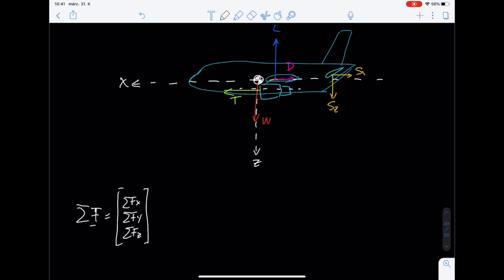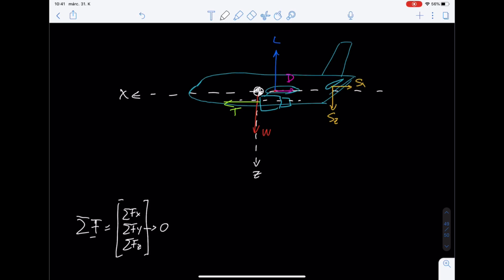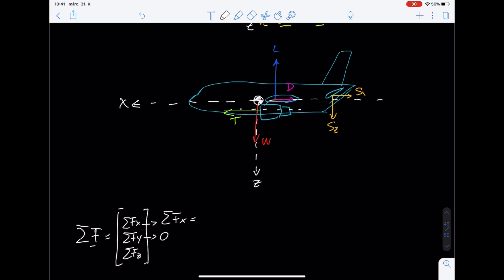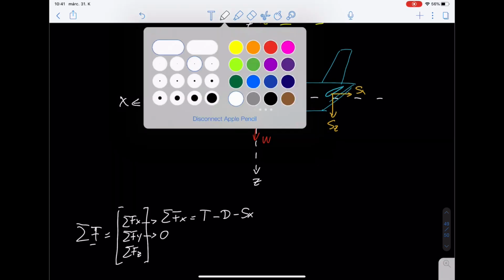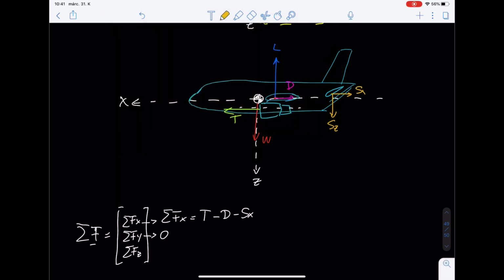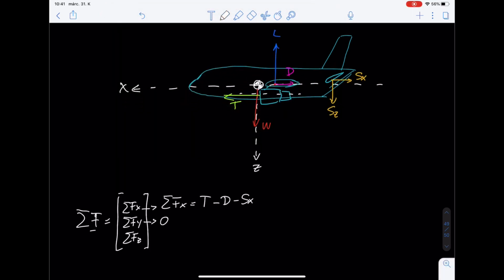So the y component is going to be 0, of course, because we only presumed to be looking at the xz plane. So let's start collecting the sum of the forces in the x direction. In the longitudinal direction, we have the thrust, we have the minus drag, and we have minus SX. I forgot the x from here. Right. Okay.